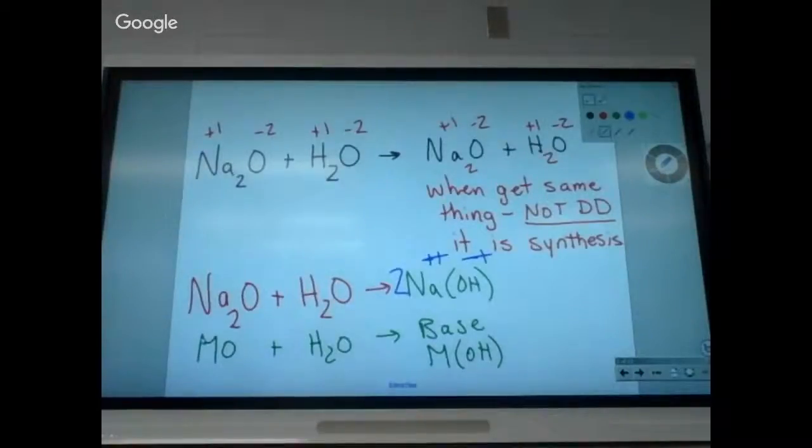In synthesis, the oxidation numbers don't matter, because you're putting them together. You want their oxidation numbers as a product to switch them. Before the arrow, we don't care, because you're not exchanging them. It only matters on single and double because you're switching the two on the same side. But you're not switching them. That's why it doesn't matter. That's the why piece you just asked.